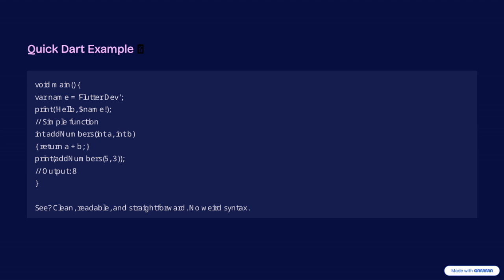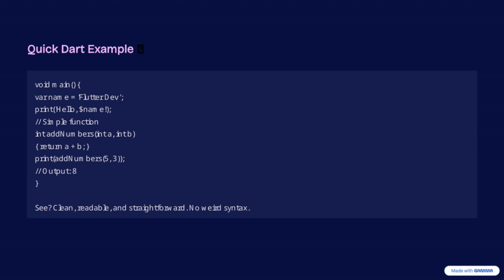Simple and straightforward. Then, we see a basic function called addNumbers that takes two integers as parameters. It returns the sum of these two numbers. This part highlights how to define functions in Dart, which is essential for writing modular, reusable code. Finally, we call addNumbers with the values 5 and 3 and print the result.